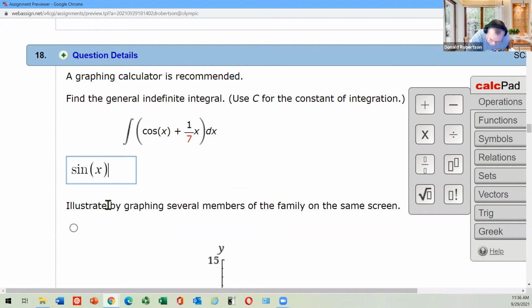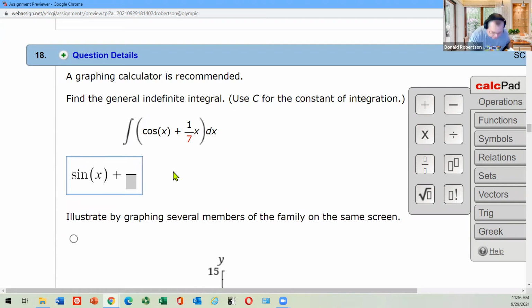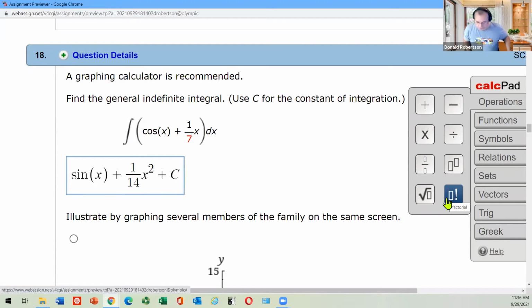Plus, well, it's a power rule, plus the fraction 1/14 x squared. And remember to finish with the plus c. Okay, that's nothing special, right?